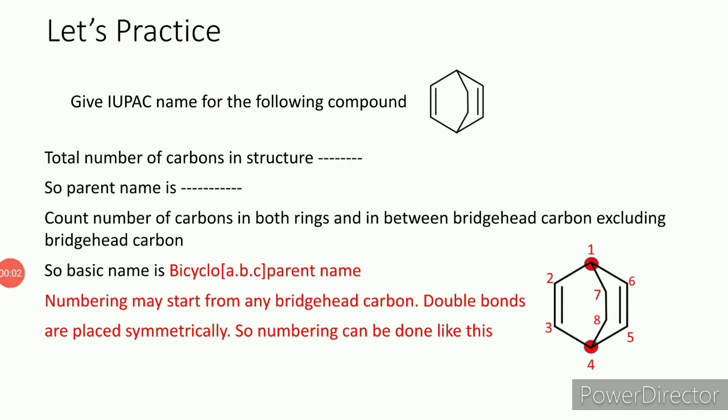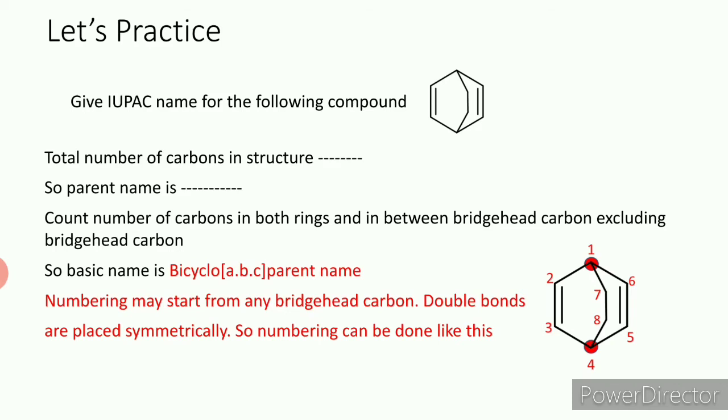Now let us consider this example, a bridge compound with a double bond. If you consider this compound without the double bond, using regular steps you can reach the basic name, that is bicyclo 2.2.2 octane. Since a double bond is present, our parent name will change from ane to ene and we will specify the position of the double bond.